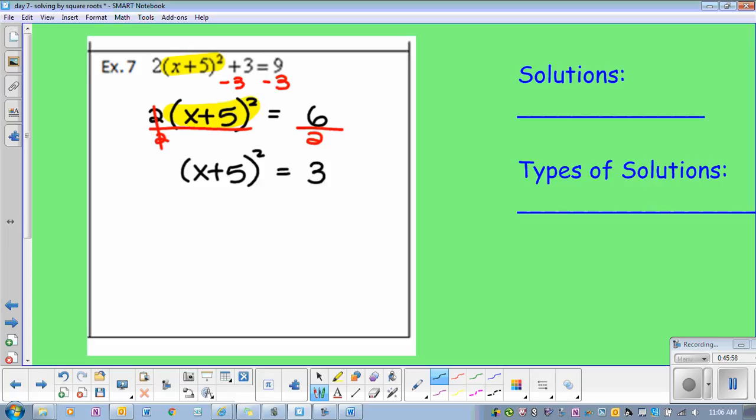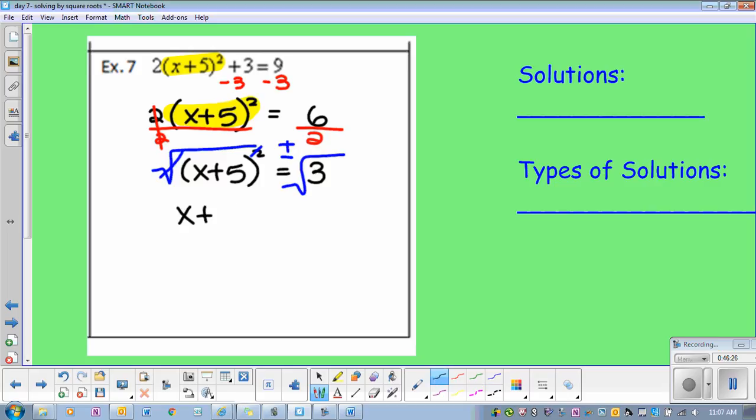Yes? Now what? Whatever you do to one side, you do to the other side. And since you drew the square root, you got to put plus or minus. So then these 2 go away.